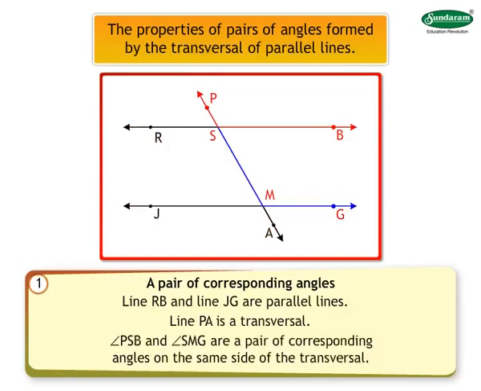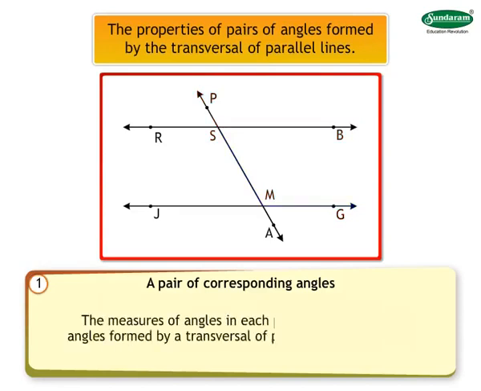Angle PSB and angle SMG are a pair of corresponding angles on the same side of the transversal. Take their measure. You will find that they are the same. Thus, the measures of angles in each pair of corresponding angles formed by a transversal of parallel lines are equal.